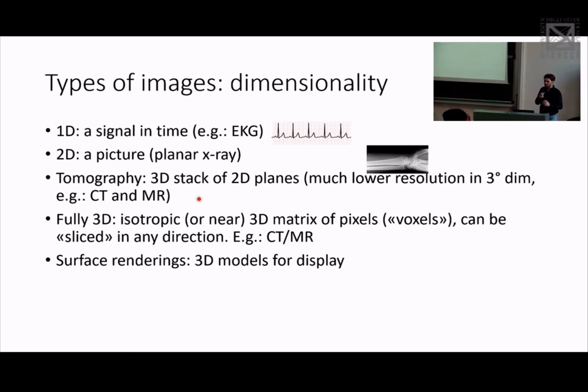So you could call it 2.5D because you have a much lower resolution along just one of the directions. You can have fully 3D, which means you have equal resolution along all directions, and you can also have surface renderings if you want, like 3D models for displaying.